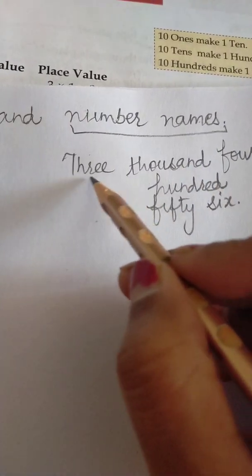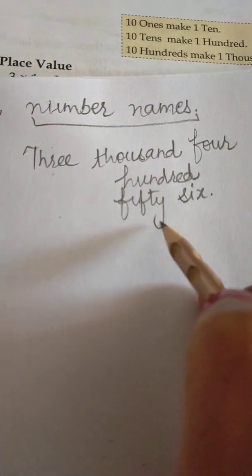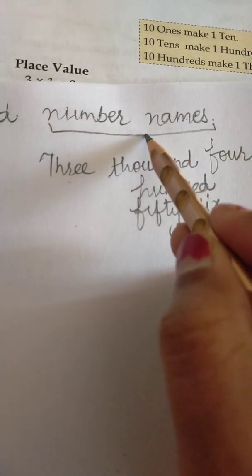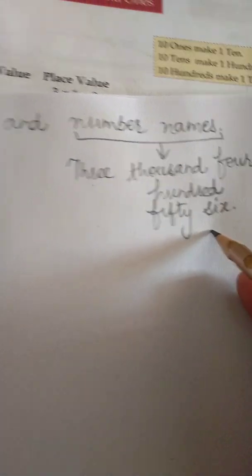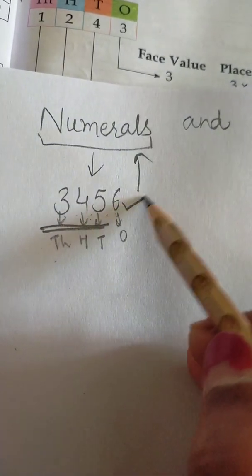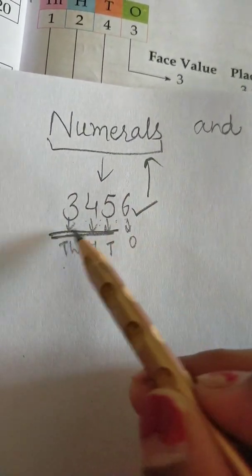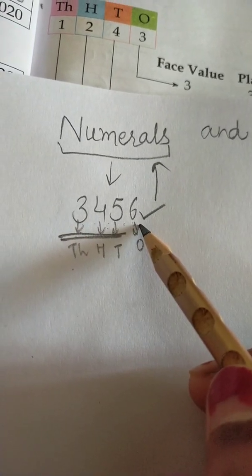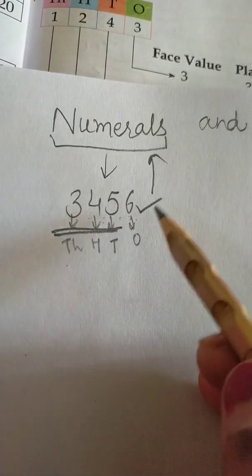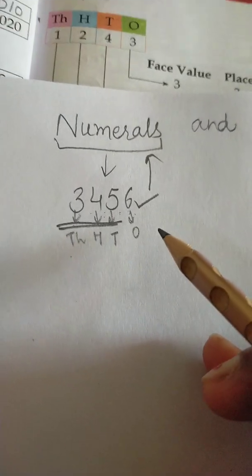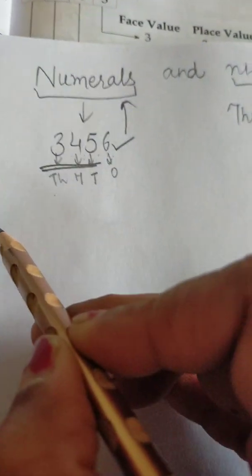When we write the number with the help of English words, this is called number names form, and with the help of the digits, this is numeral form. Here I will tell you how to write numeral form and number names with the help of examples.